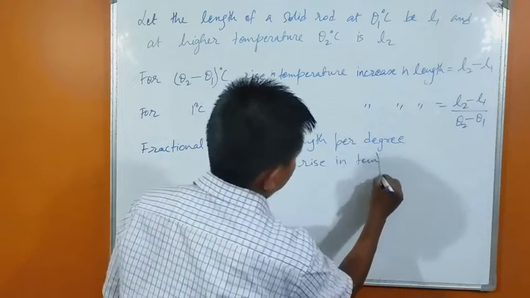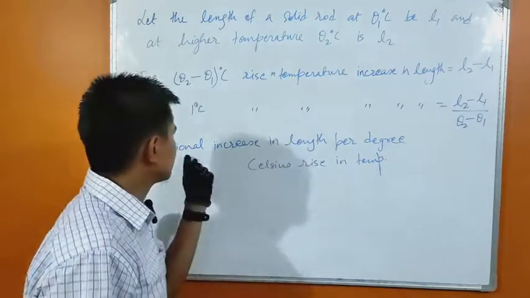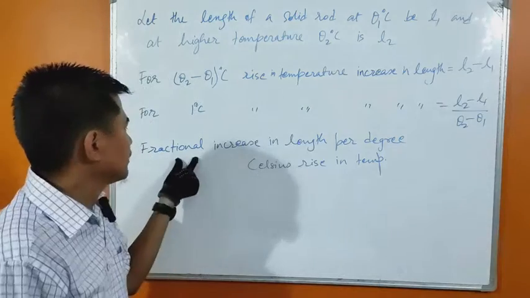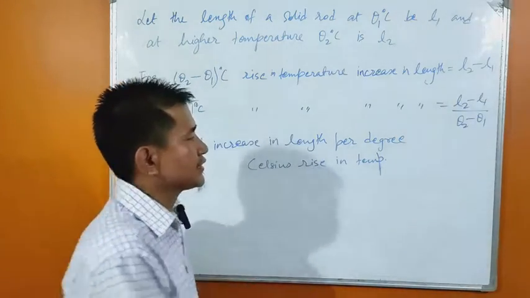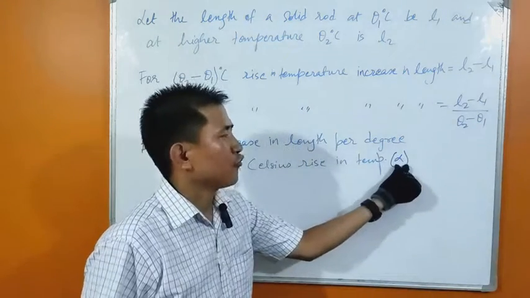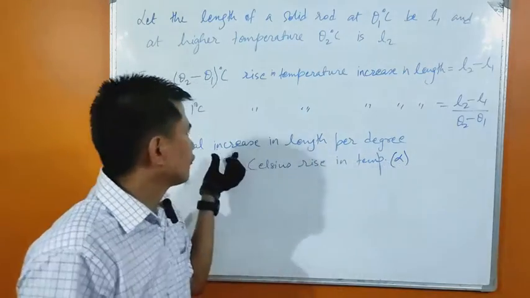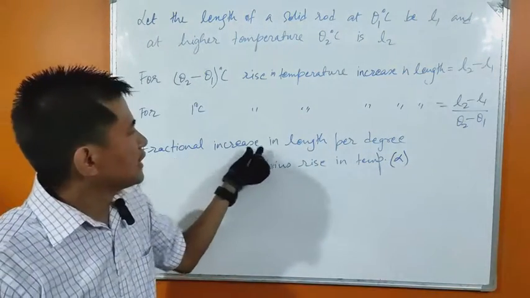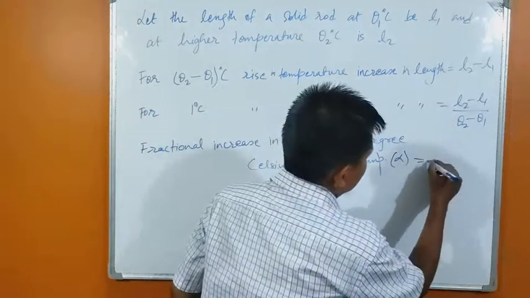This is the definition of linear coefficient of solid, isn't it? Coefficient of linear expansion of solid. Fractional increase in length per degree Celsius rise in temperature is denoted by letter alpha. Okay, coefficient of linear expansion of solid is denoted by letter alpha. This is the definition. So fractional increase in length per degree Celsius rise in temperature is how much?